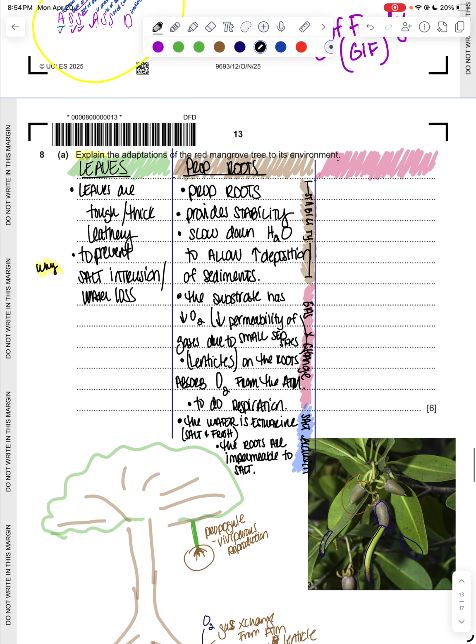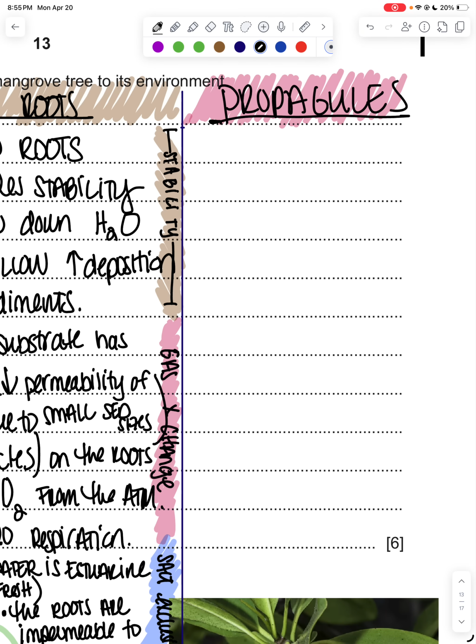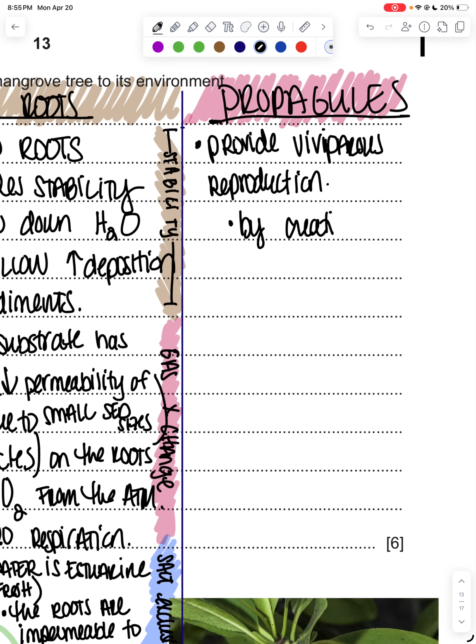Finally, we have our propagules. Or you can head the section with viviparous reproduction. Propagules provide, you could say perform, viviparous reproduction by creating propagules.